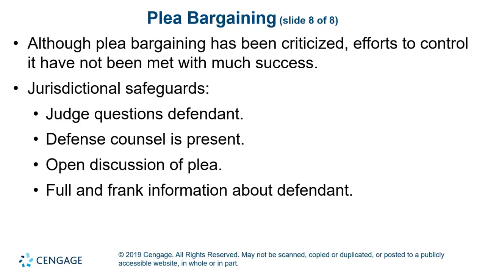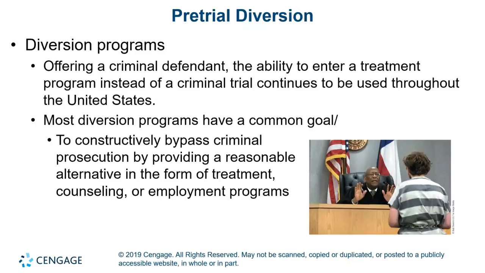And then finally, number four, full and frank information about the defendant and the offense is made available at this stage of the process. In addition, judicial supervision ensures that plea bargaining is conducted in a fair manner. So here are some thoughts regarding judicial safeguards.